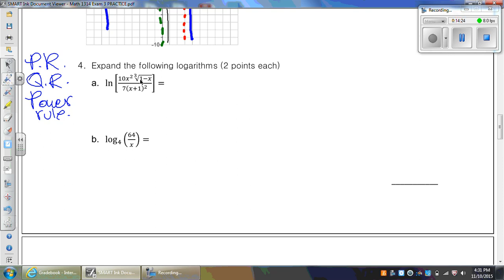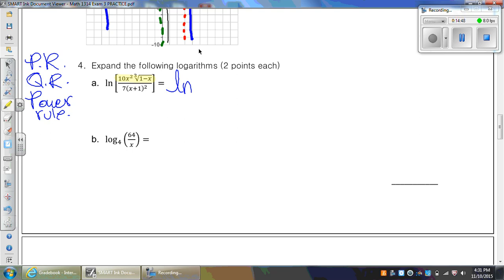Well, I'll do it by steps. So remember what I told you. Every single term or factor that is on the numerator is going to have a positive sign, all right? Because you're expanding the log of a product into the sum of logs.